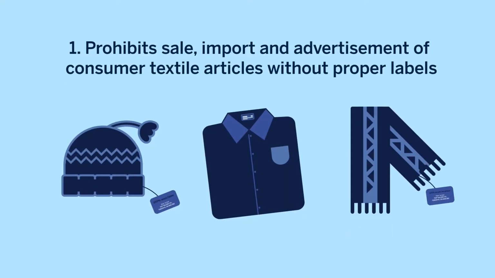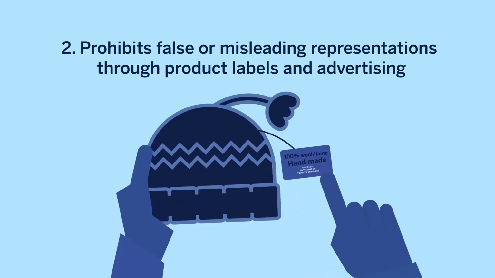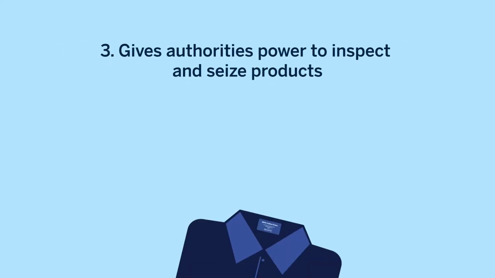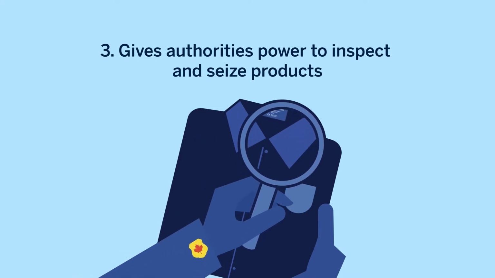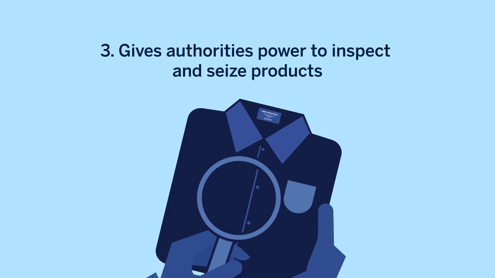First, it prohibits businesses from selling, importing into Canada, or advertising consumer textile articles unless they are labeled according to the law. Second, the Act prohibits businesses from making false or misleading representations through their product labels and advertising. And third, the Act gives authorities the power to inspect textile fiber products and to seize any that do not conform to the law.